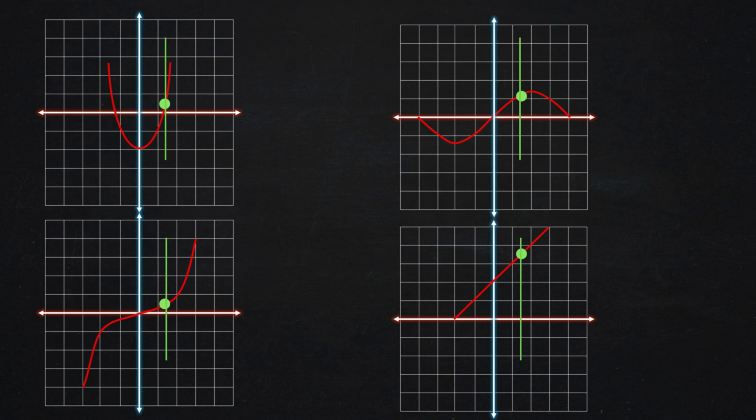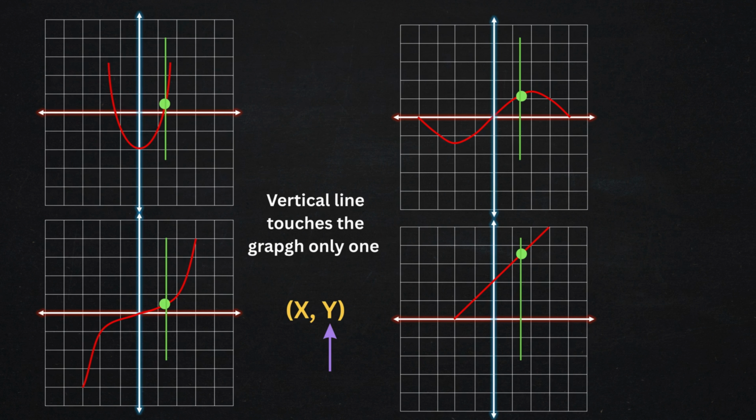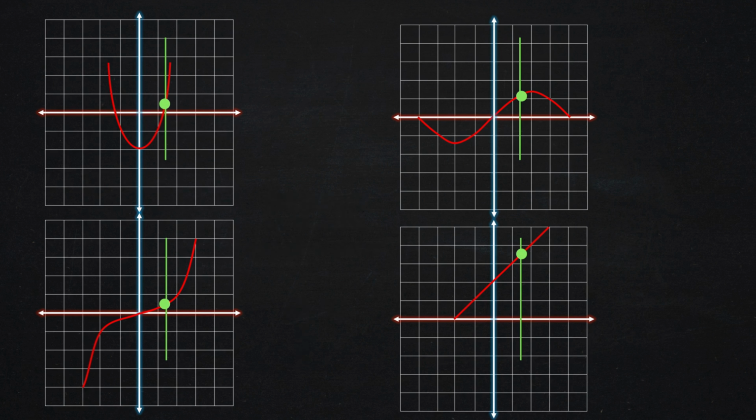If, at every x value, the vertical line touches the graph at exactly one point, then we have one value of y for that specific value of x. Or, we can say that for each input, we have one output, one x, one y, right? Therefore, as there is one output for one input, the graph represents a function.